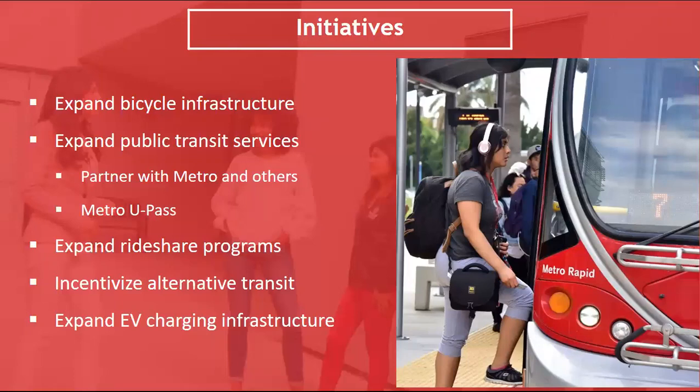Still better than driving a fossil fuel-powered car. But we have expanded our EV charging infrastructure to promote people driving those EVs. We currently have about 30 chargers on campus, and with the new structure that should be online sometime in the next several months, there'll be an additional 100 chargers. So a big jump for us there.